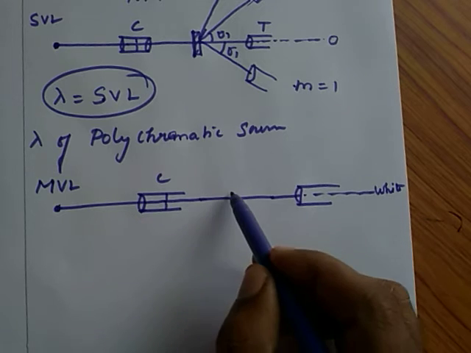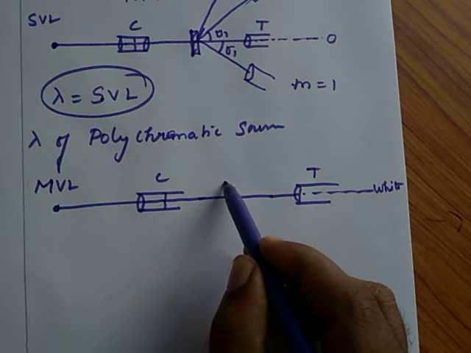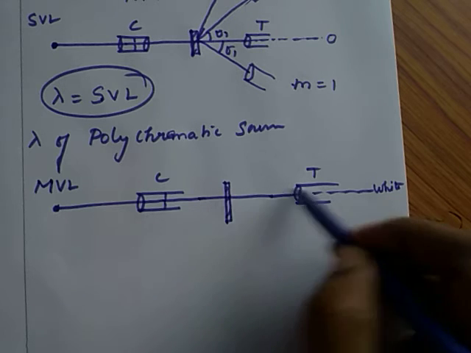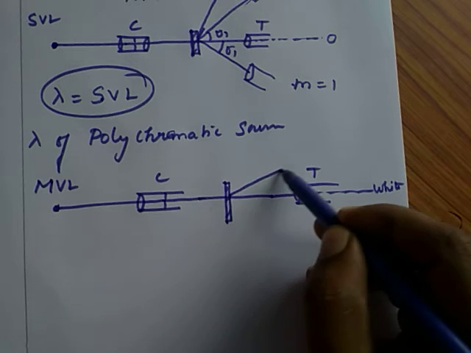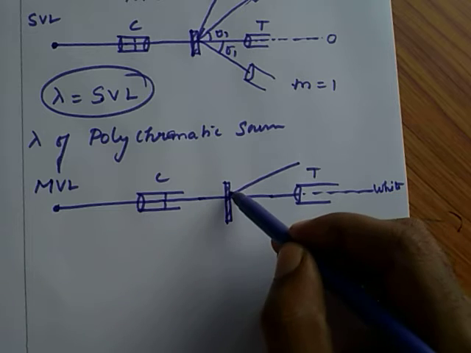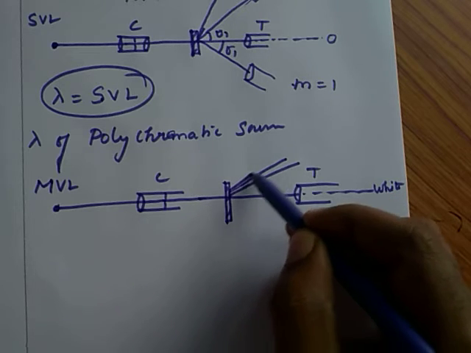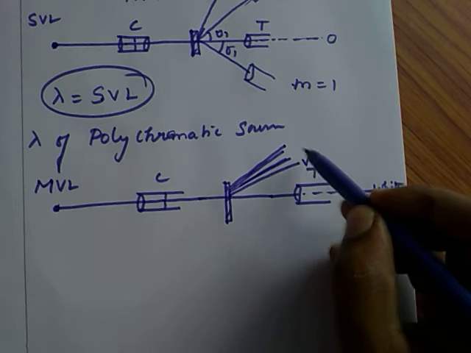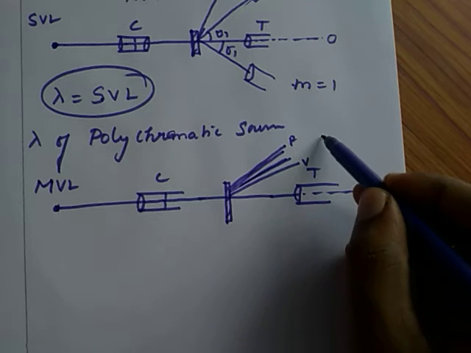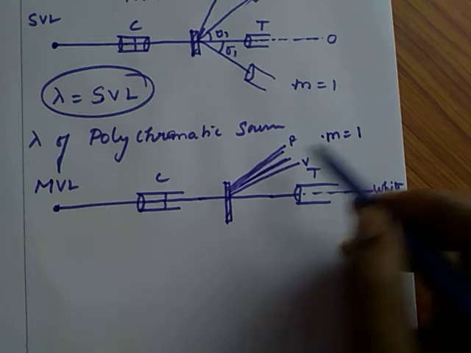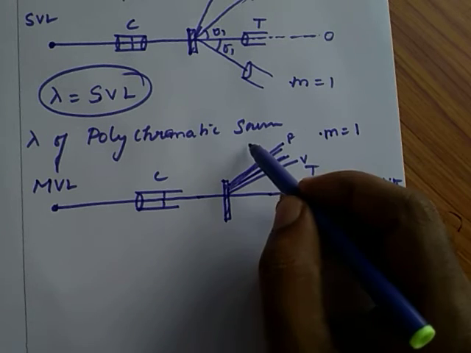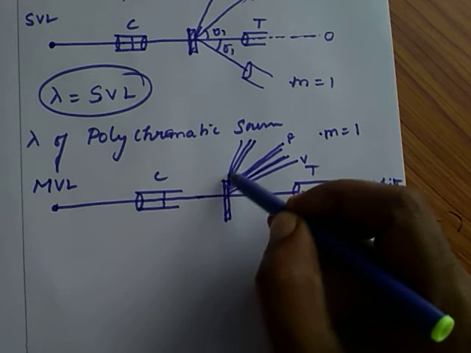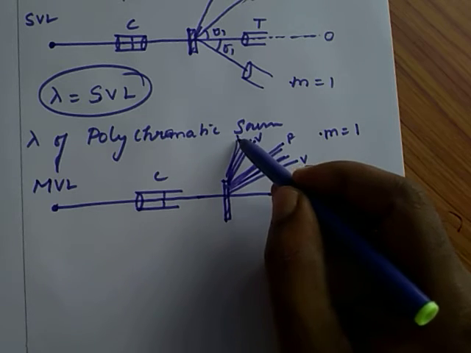In that path there will be a grating. We know the grating diffracts the wave. Then I move the telescope here, and I get the VIBGYOR pattern, starting from violet to red. This is the first order image, m is equal to 1. Again, rotating the telescope towards the right, I get a second order image, violet to red.